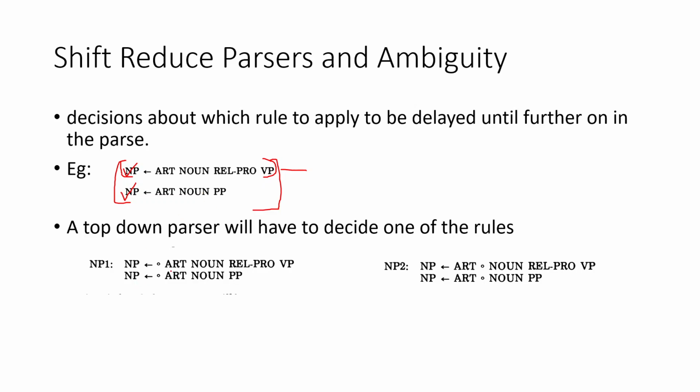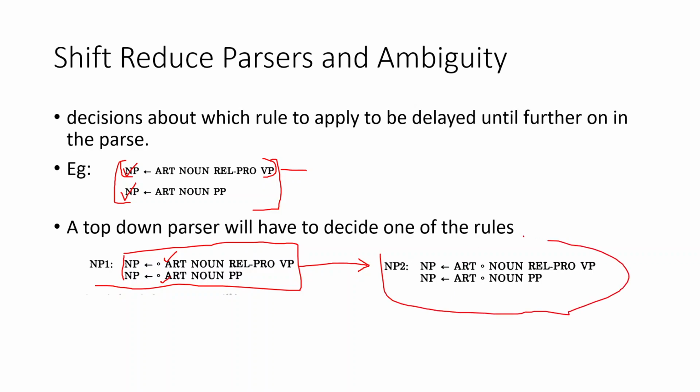But in the case of a shift reduce parser, say if you look at this particular state, if the shift reduce parser is in this state, here you have two productions which have the same left-hand side, and the input it is expecting is an article in both cases. But what happens is the shift reduce parser can read the article input and can actually process both of these productions in parallel to go to this particular state.